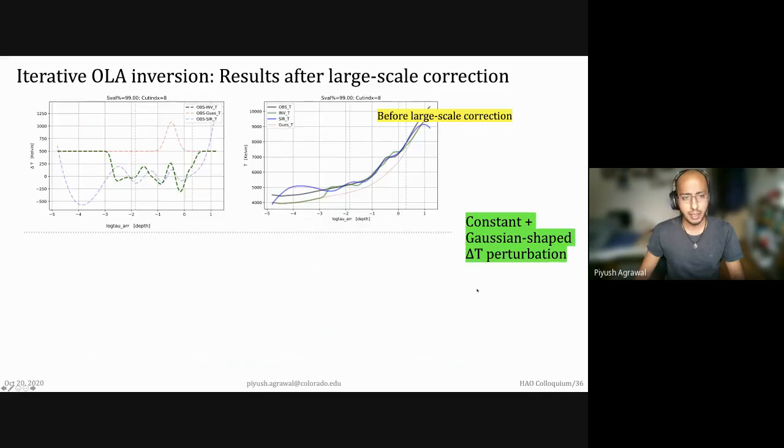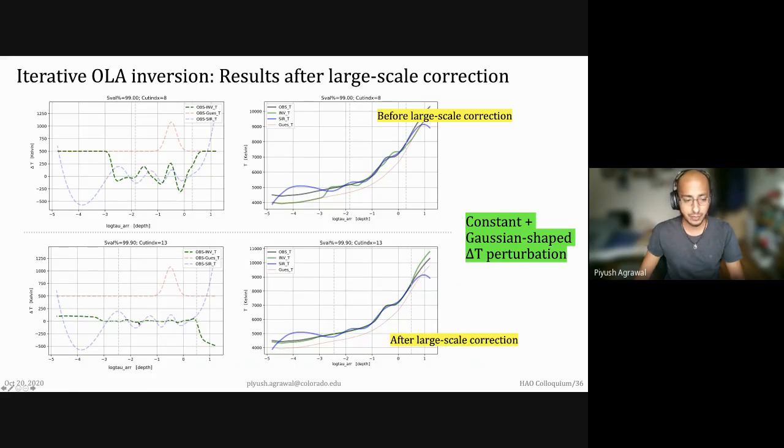And again, in the second case, the constant plus Gaussian, this is before large-scale perturbation correction. After you correct for large-scale perturbations, the OLA is doing a pretty good job in the deeper regions where it can also form narrow averaging kernels, but SIR definitely struggles to do the inversion.